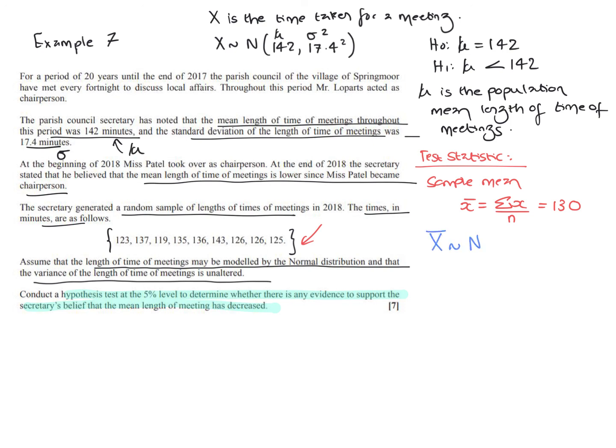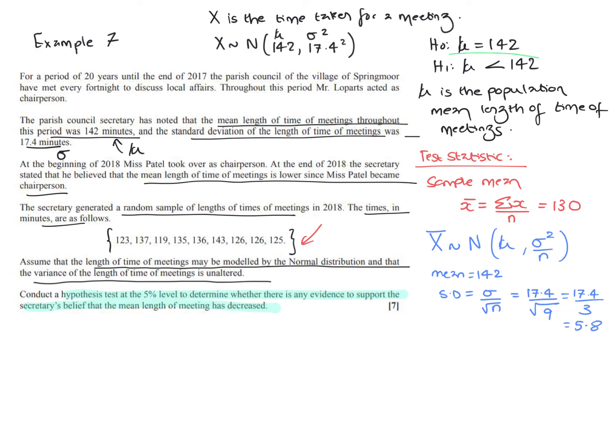So this is a normal distribution which has a mean of mu and a variance of sigma squared over n, if you remember. So its mean is equal to 142. Its standard deviation is the important feature, which is sigma over root n, and that's equal to 17.4 over root 9, which of course is 3. So that is 17.4 over 3, which actually simplifies quite nicely to 5.8. So that's the standard deviation of the x-bar distribution.